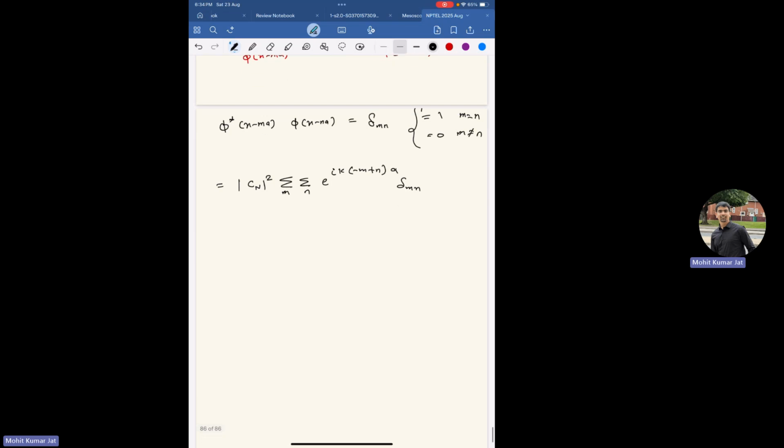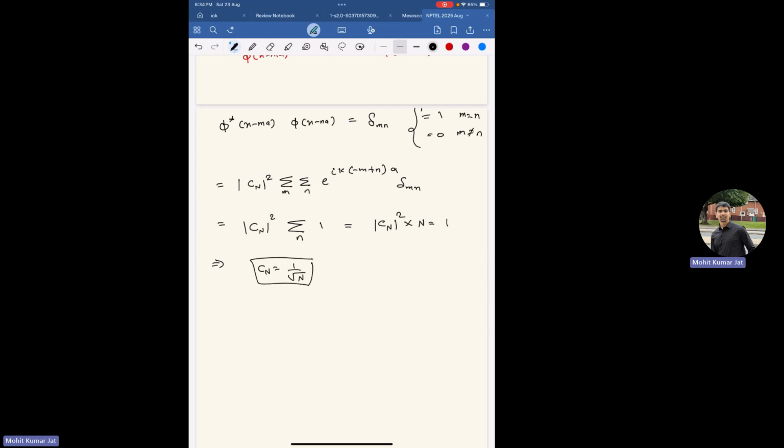And for m equal to n only, this is true. So what does it mean? It simply means it's C_N squared summation over n. For m equal to n, this will be 1, and summation over all n atoms is the total number of atoms. So this will be C_N squared times capital N equals 1. This gives you the normalization factor to be 1 by square root of N.